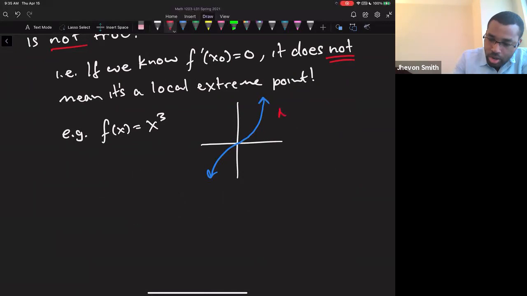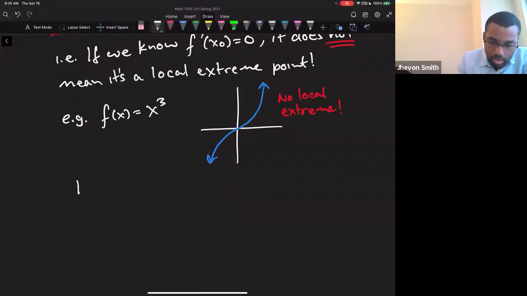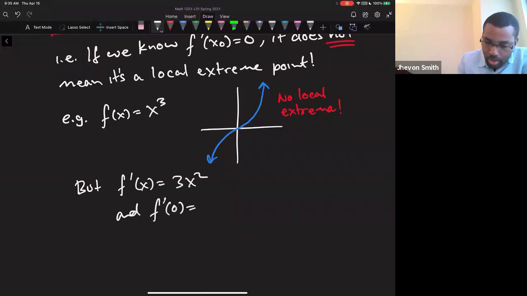There's no hill or valley, right? It's kind of always on the ascension. However, f prime of x is 3x squared, and f prime at 0 is 0, but we do not have a local max or min at 0.